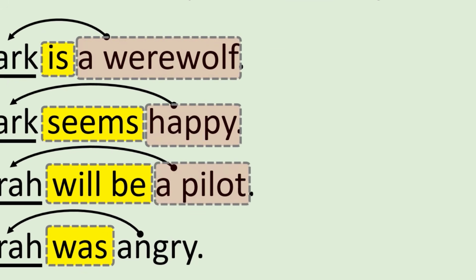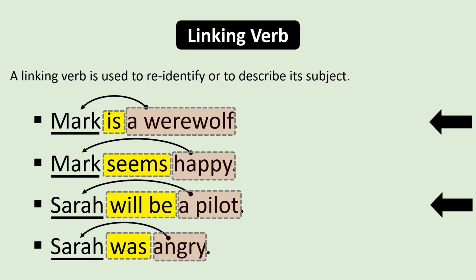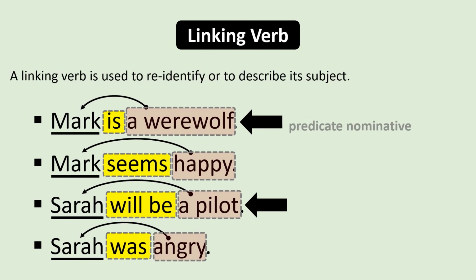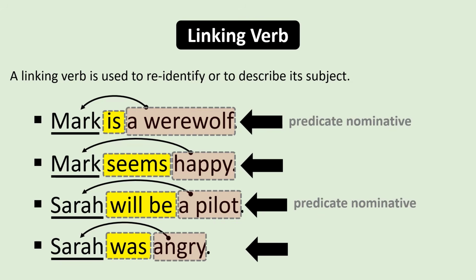Look at these words. They look a lot like the predicate nominatives that we've just seen. And actually, these two are predicate nominatives. But these two are not predicate nominatives. They can't be, because remember, the word nominative means something that acts like a noun, and these are adjectives. So, as you might expect, these are called predicate adjectives.